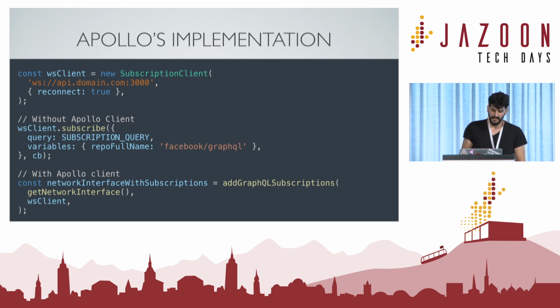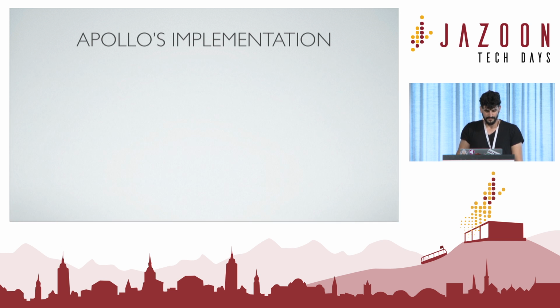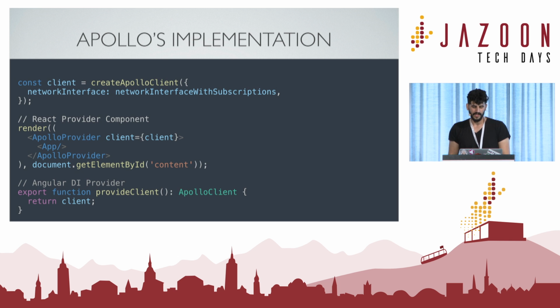For our example, we will use Apollo client. And so we need to extend our current Apollo network interface with the WebSocket network interface. And this allows Apollo to execute subscribe and unsubscribe methods on this transport. So next, we initialize the Apollo client itself.